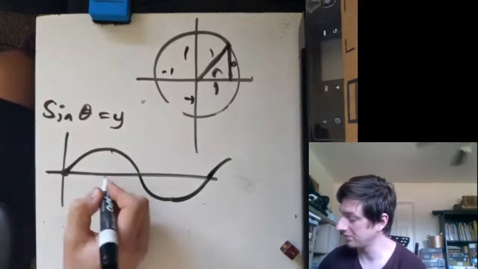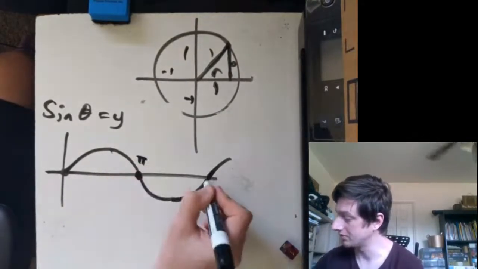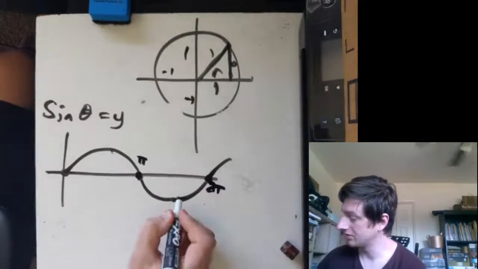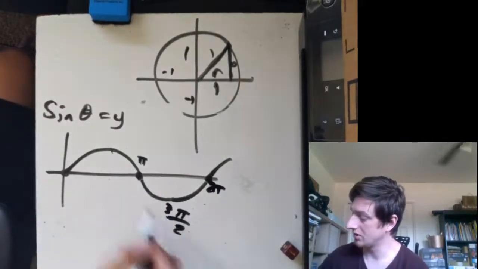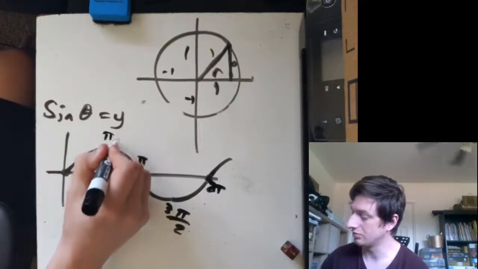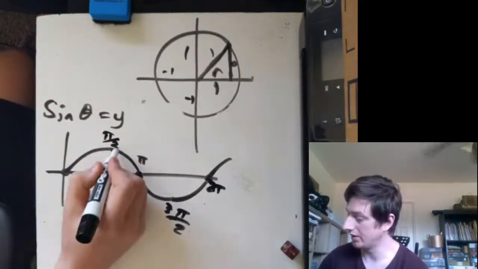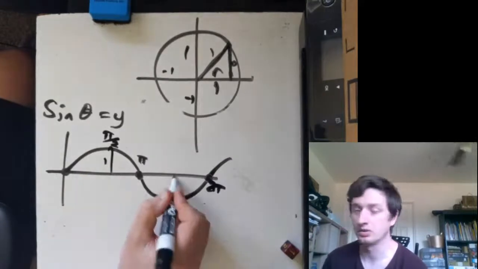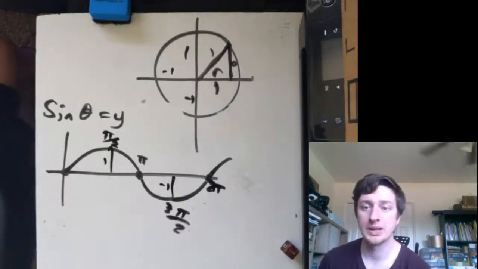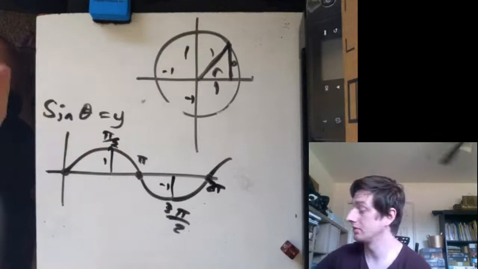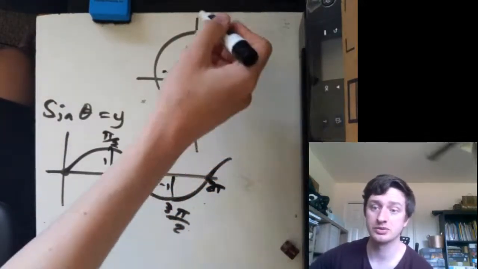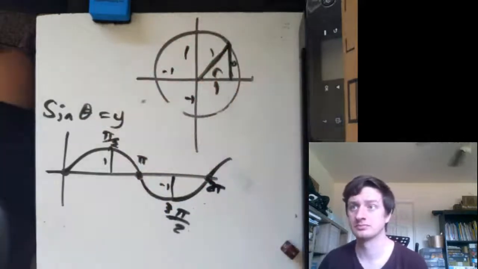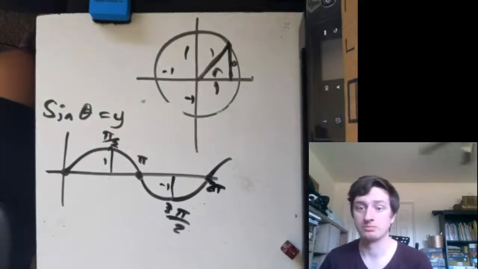This happens at pi, this happens at 2 pi, this happens at 3 pi over 2, and this happens at pi over 2. This is 1 high, and this is negative 1. Because the unit circle is measuring the height of sine as we go around the circle. Okay? So, let's look at this in Desmos.